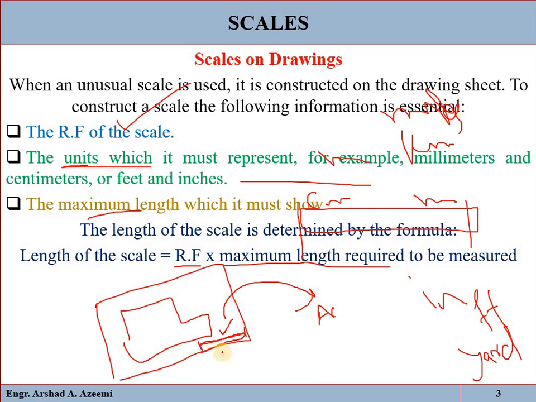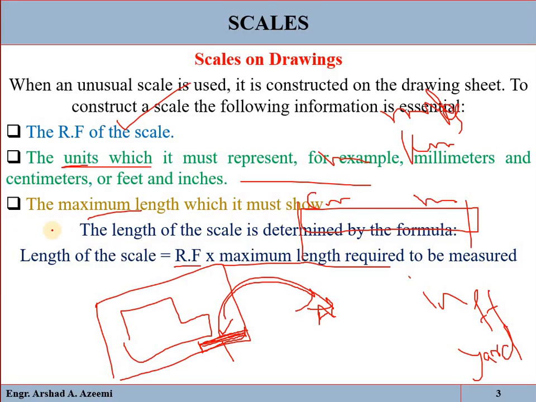Meaning, at a time you can transform this much distance from the drawing into the actual dimension. So that is actually the length of the scale, and it will depend on your requirement, that is, how much maximum distance you want to transform from the drawing into actual dimension at one time.